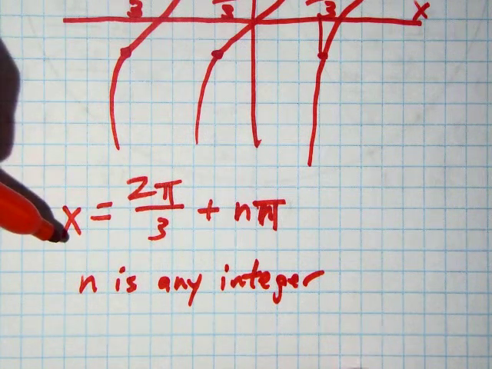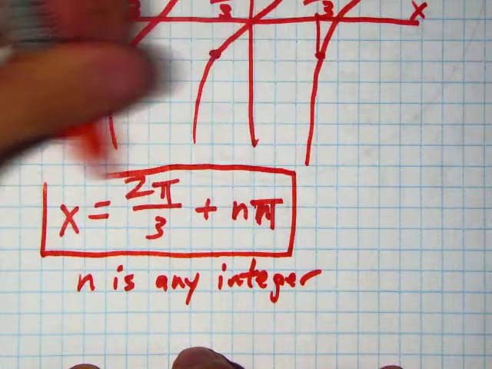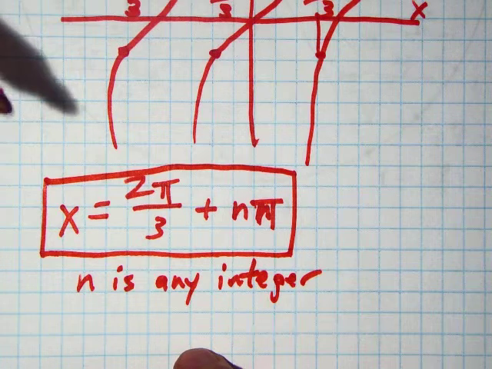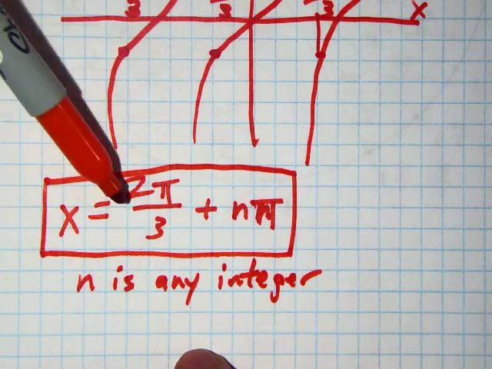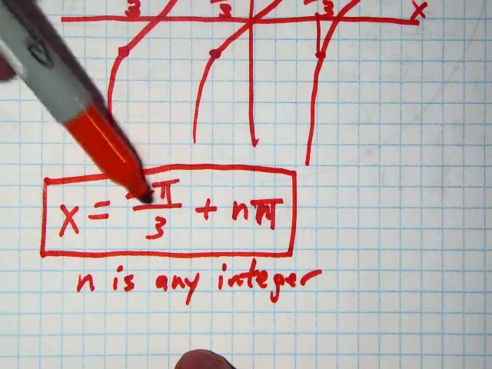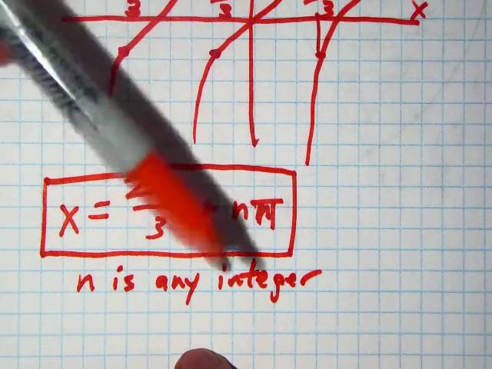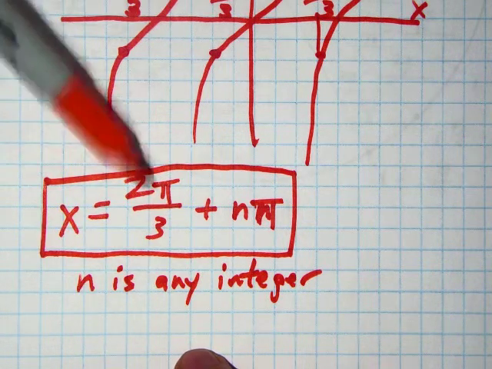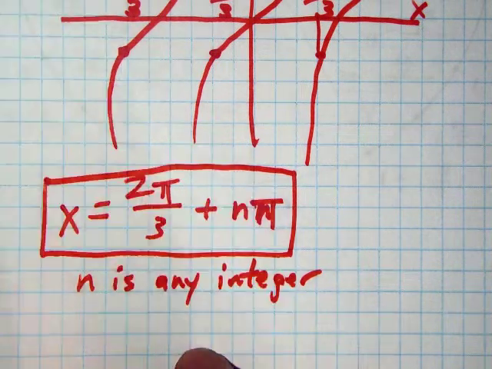If it doesn't say a certain interval, there are an infinite amount of answers because it could be any integer you want. So you have to be very careful here. You must write 2 pi over 3 plus n pi. We will accept that as an answer on your test. You do not have to say n is any integer. That would be a given from now on. But here you can see the answer is 2 pi over 3 plus n pi.